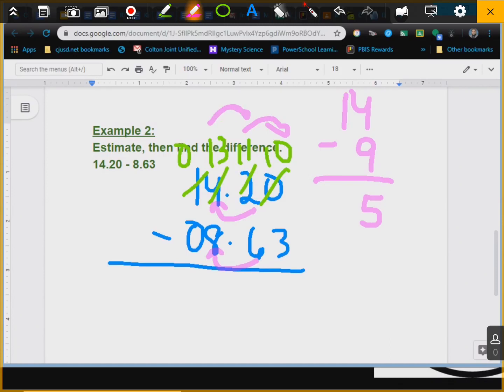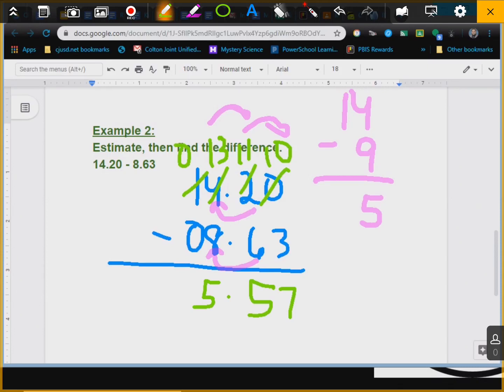So 10 minus 3 is 7. 11 minus 2 is 5. Bring down your decimal. 13 minus 8 is 5. And 0 minus 0 is 0.